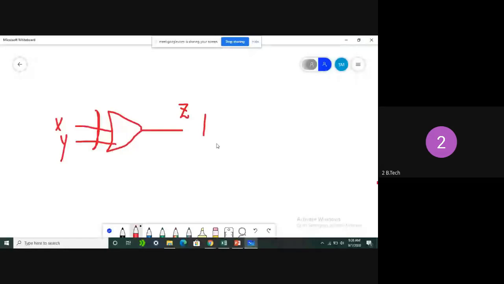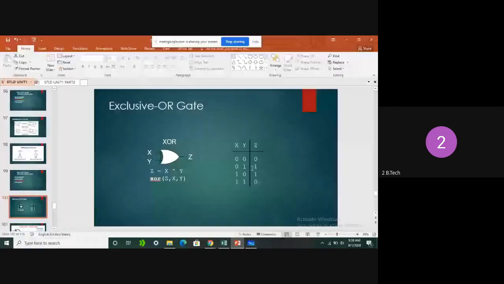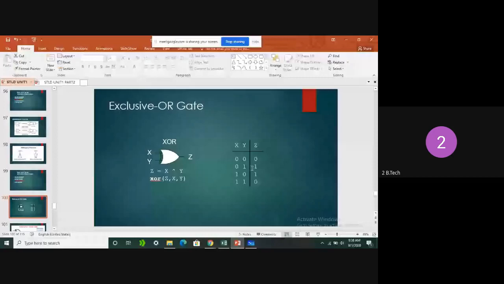In another case, X equals 1 and Y equals 1, then also output is going to be 0. We should not say that any input high produces high output. If dissimilar inputs are given to the exclusive OR gate, then it will produce high logic. If you provide similar logics to the inputs, it produces logic 0, that is low logic.